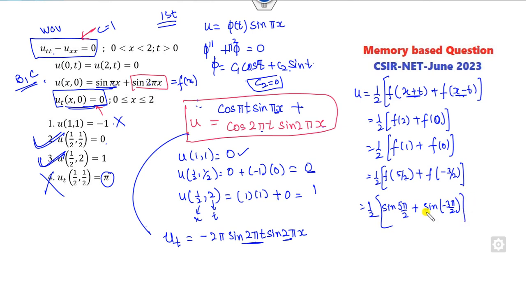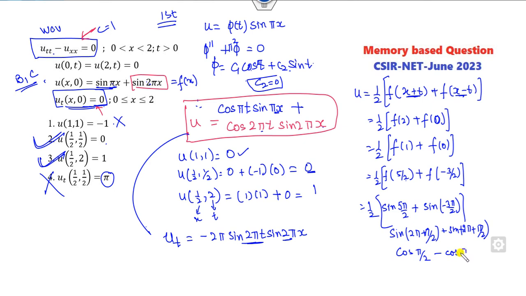Now you can see here I can write this as 2 pi plus pi by 2, and I can write this as 2 pi minus pi by 2, minus 2 pi plus pi by 2. Fine. Then you can see it's in the first quadrant, it's cos pi by 2. It is in the fourth quadrant, it's minus cos.